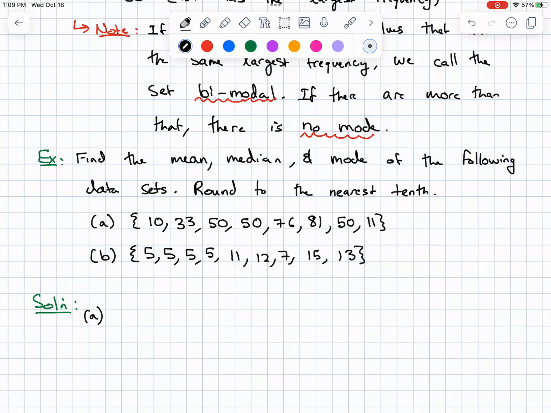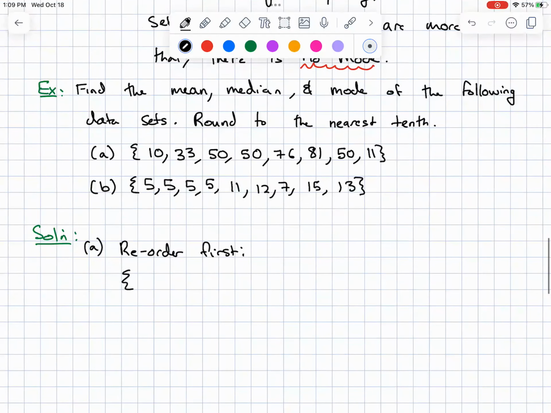So first, reorder. Reordering it: 10, then 11, then 33, then 50, then 50, then 50 again, then 76, then 81.